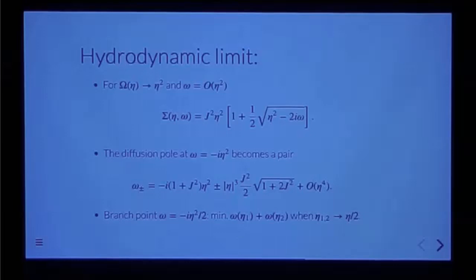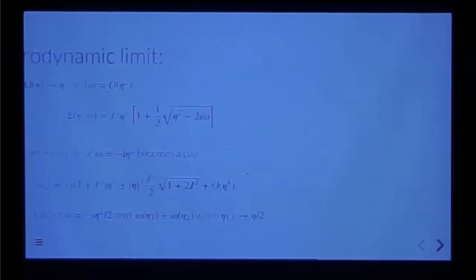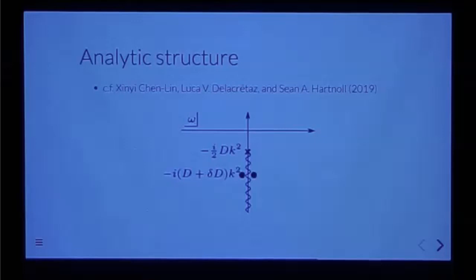And there's also a branch point in this thing starting at minus I eta squared over 2. And that's actually the same structure which appears in this paper from the hydrodynamic perspective, so the kind of thing that Andrew Lucas was telling us about this afternoon, a hydrodynamic rather than a microscopic theory.